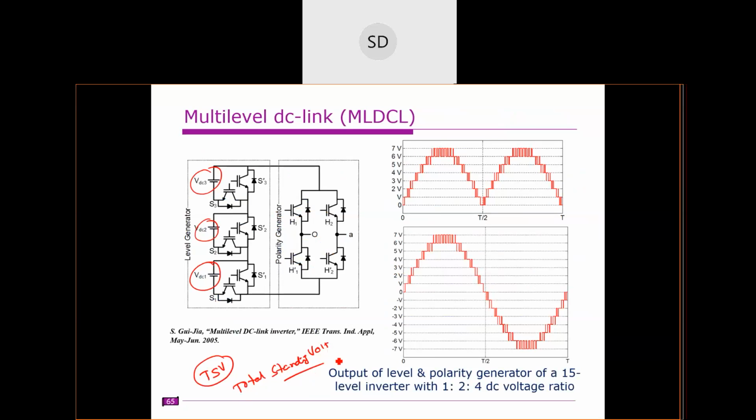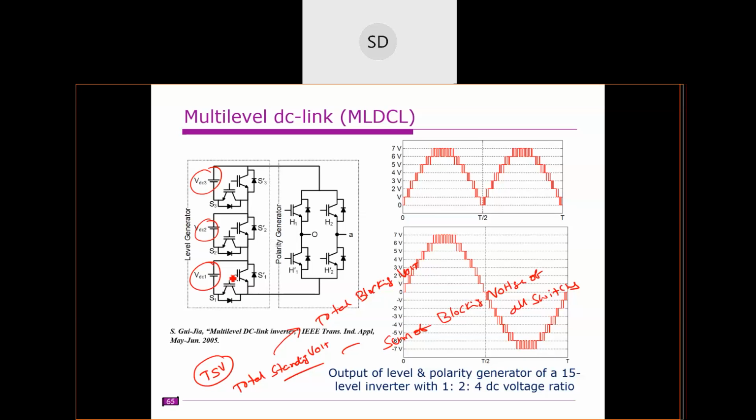It is defined as the sum of the blocking voltages of all switches, known as total standing voltage, or total blocking voltage.